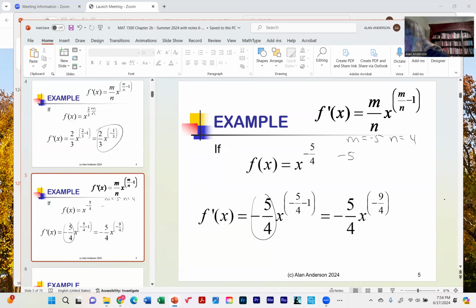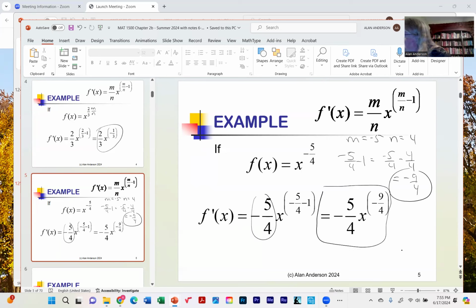And that can be reduced to -9/4. So this is our final result. Okay, so we could do this with any number, it could be 2/3, it could be 5/4, it doesn't really matter. It always works this way.